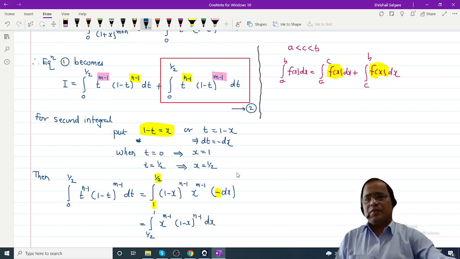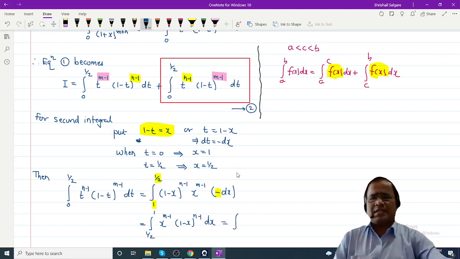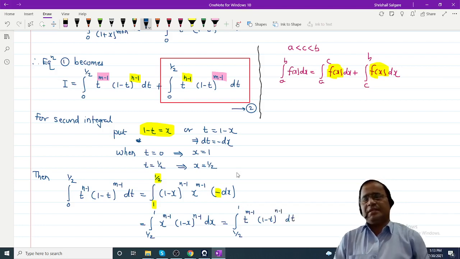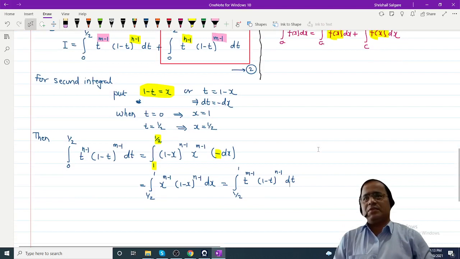And further we know the property of definite integrals: a definite integral is independent of the parameter. In other words, you can put x is equal to t directly. Then the same integral we can write as 1/2 to 1 t raised to m minus 1 into 1 minus t raised to n minus 1 dt. Now I will write that as equation number 2.